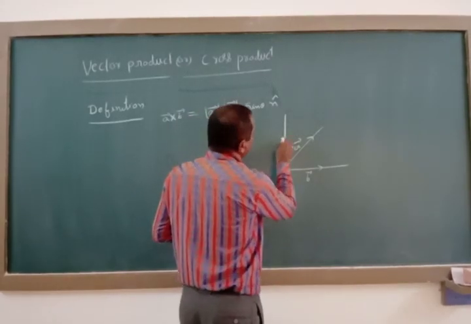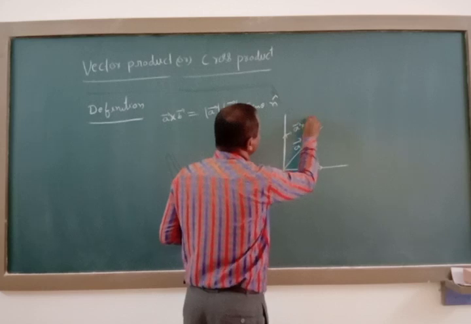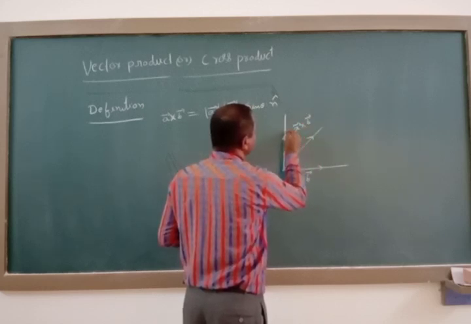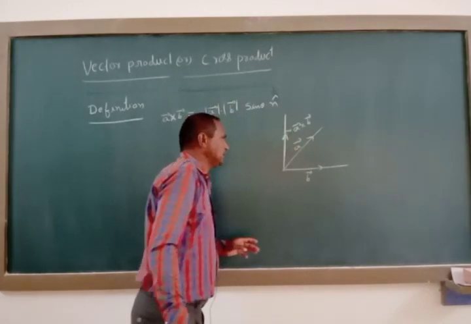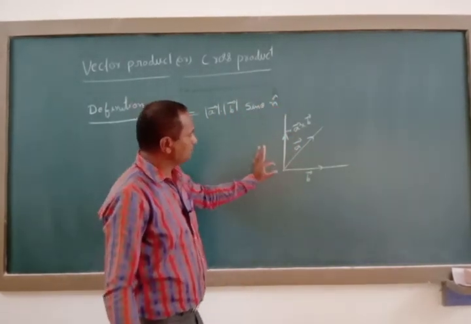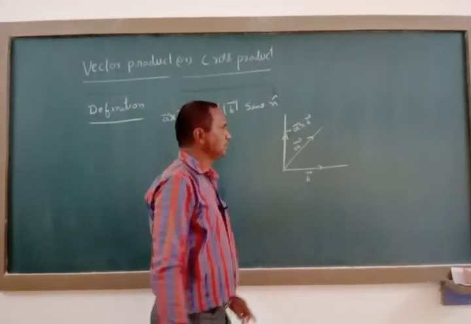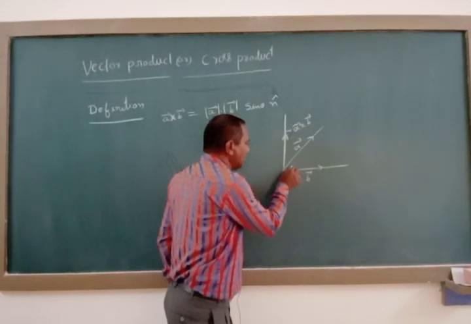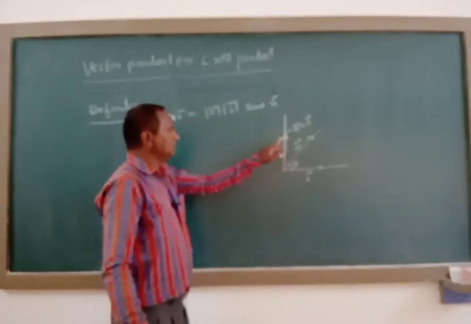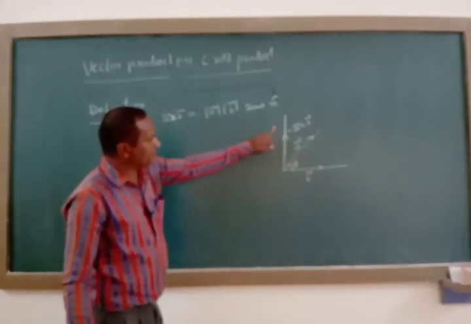That vector is A bar cross B bar, and its direction is the same. That's why the vector A bar cross B bar is always perpendicular to the vectors A bar and B bar. And theta is the angle between the two vectors. In this direction, n cap is the unit vector.